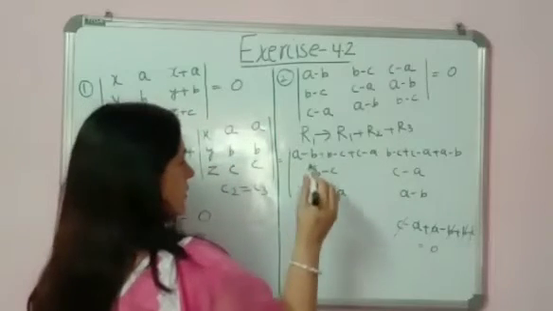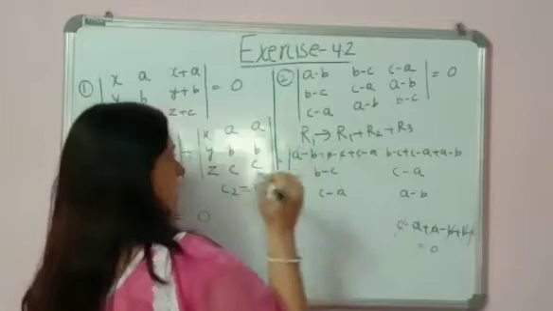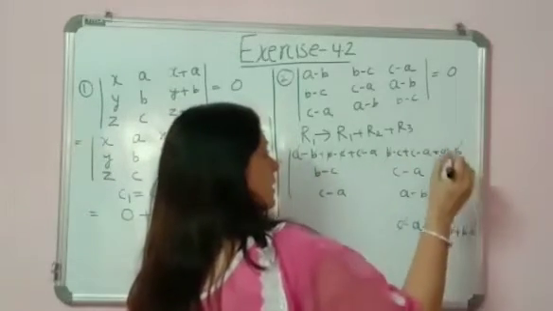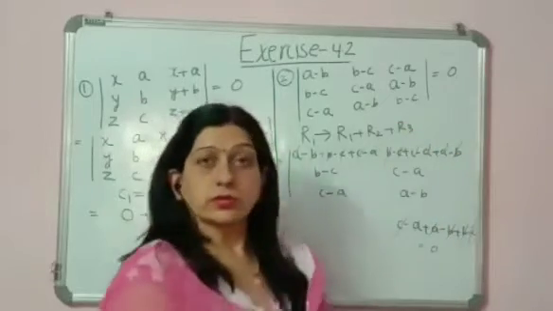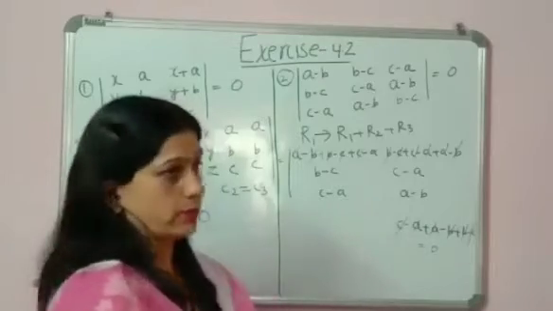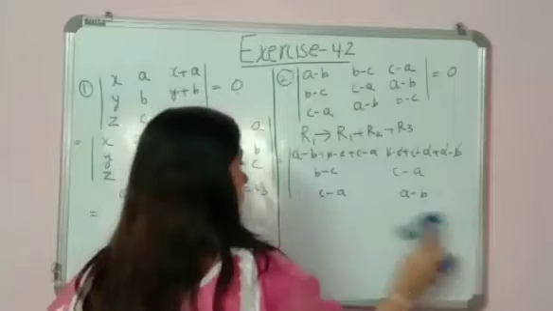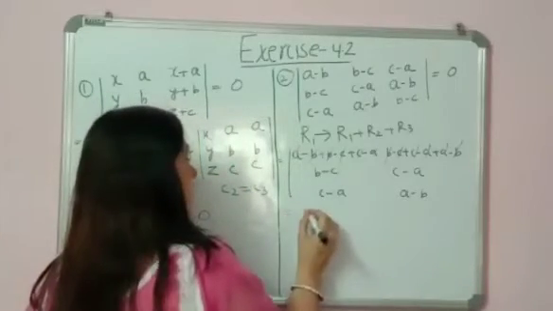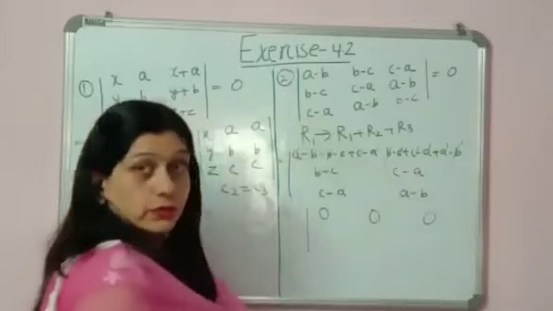Here also you will find that it is minus B, it is plus B, it is minus C plus C minus A plus A, and here also the same thing, plus B minus C plus C minus A plus A. So row 1 has become equal to 0. So now you can write this row equal to 0, 0 and 0.